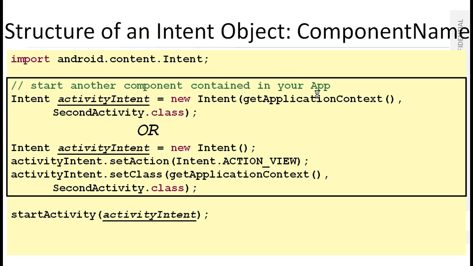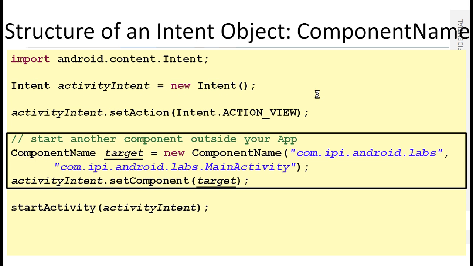What should the second activity do with this intent? After specifying this much, you must activate that intent by using startActivity, and as a parameter you should pass the intent object.